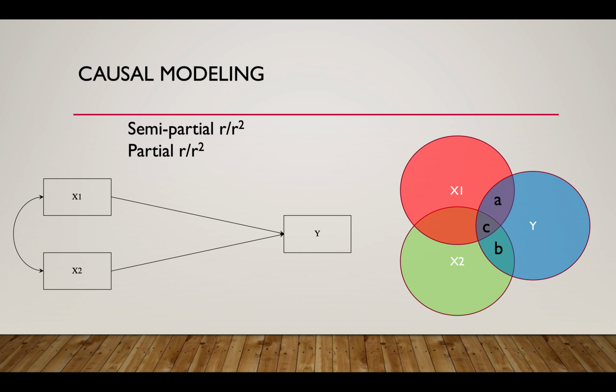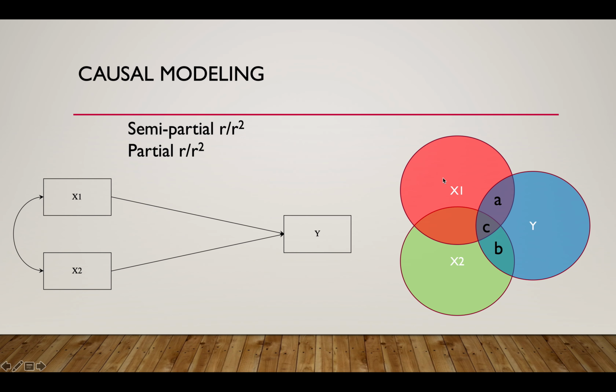In contrast, we also have the partial correlation coefficient. Just real quick, the actual correlation between x1 and y includes c, right? And it doesn't include this overlap here.